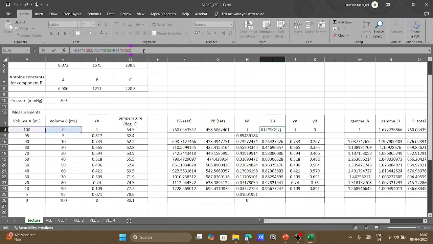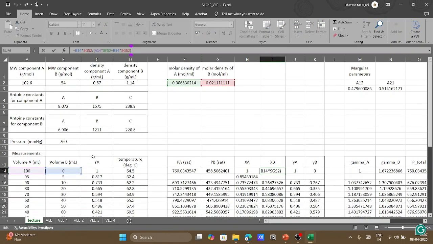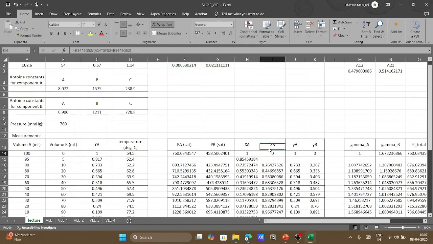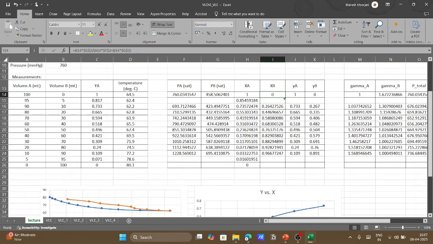And XB will again be similarly volume of B into its molar density divided by total moles, or you can directly do XB equal to 1 minus XA also, right? So here I am putting in both. So you have XA and XB data.